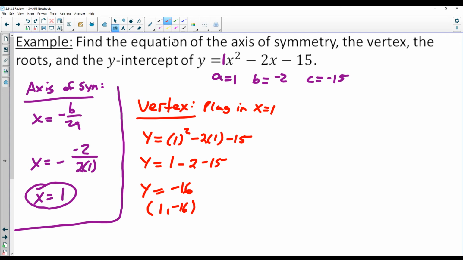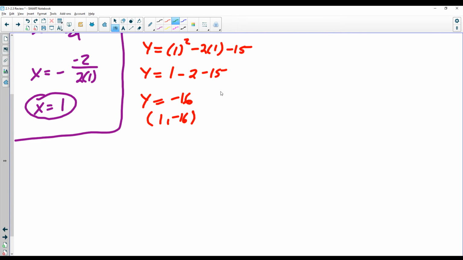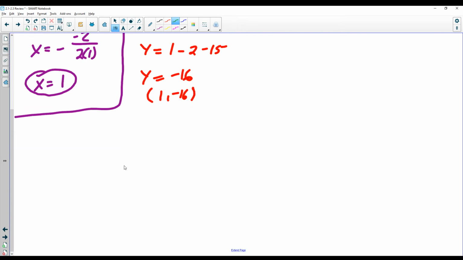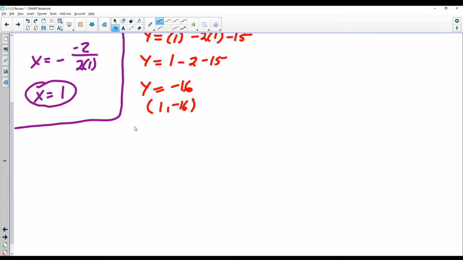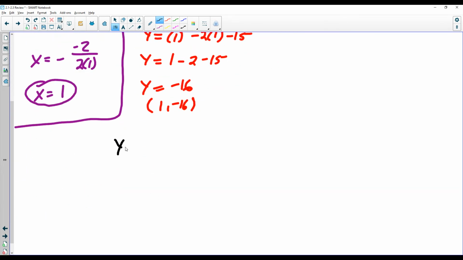Now it wants the roots and the y-intercept, so maybe let's switch the color again. I'll rewrite the equation in black. So y equals x squared minus 2x minus 15.